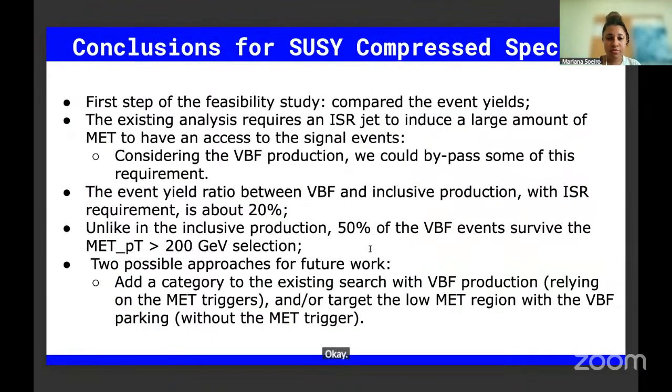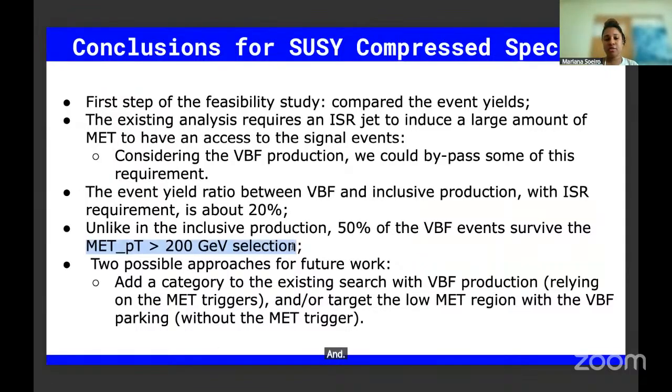For this part, we have the inclusive and the comparison between the VBF and inclusive production. We saw ACR has a requirement of about 20%. For the VBF, the main idea is that a lot of events survive when we stay in that region.